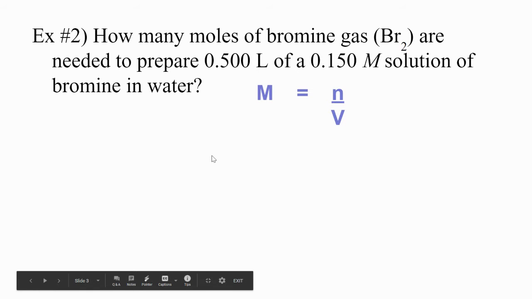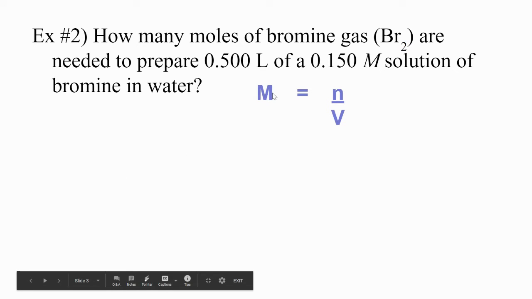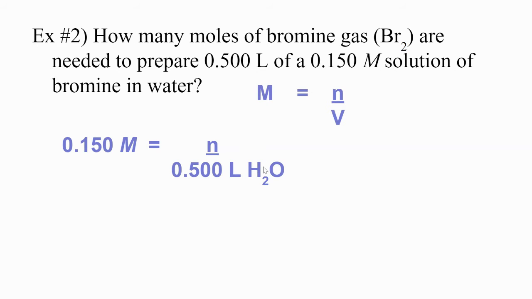Next example. Now we are given liters of solution and the molarity of the solution, and we're asked to find the moles. Going to start with our same equation, M equals n over V. Plug in what we know, and now we are solving for the number of moles. So we have to rearrange our equation to get n by itself.